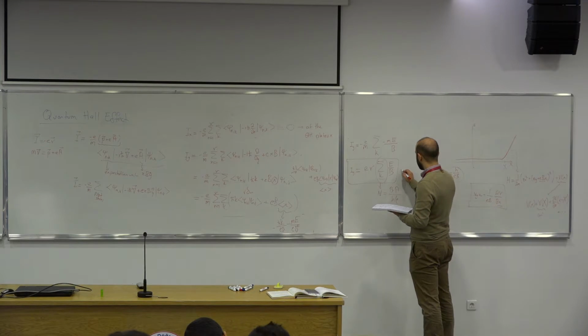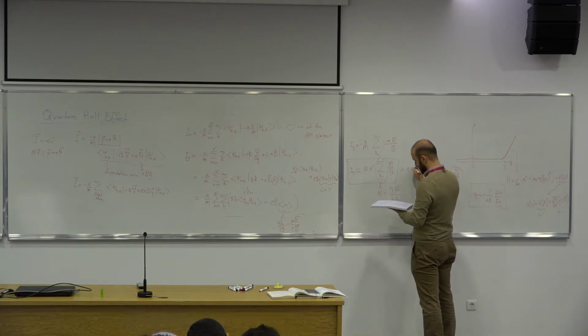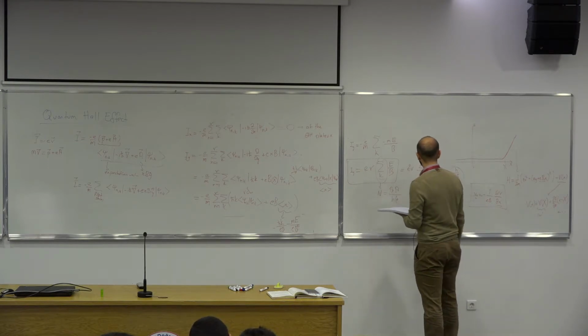Then I can write this whole expression as such. eν, e times A divided by h squared.